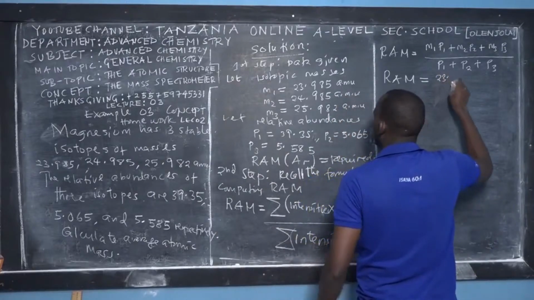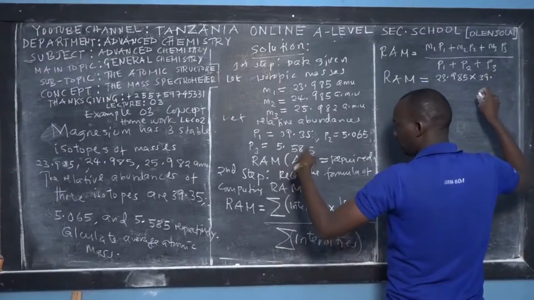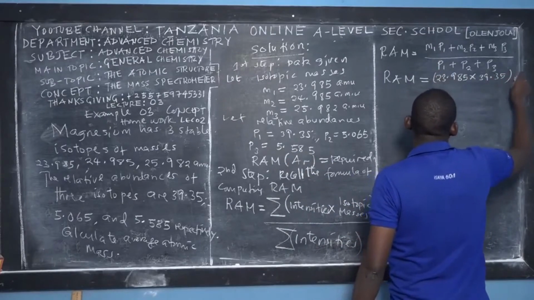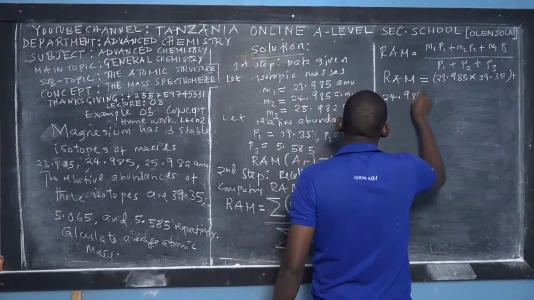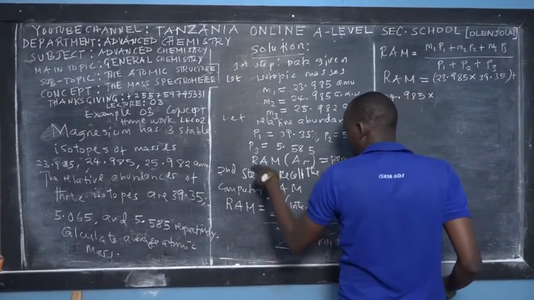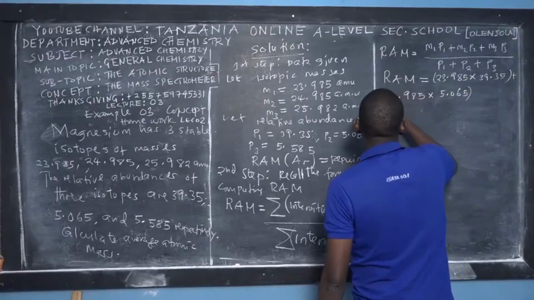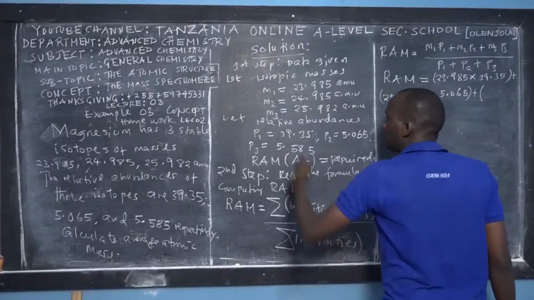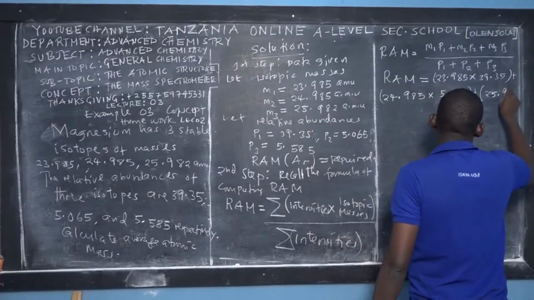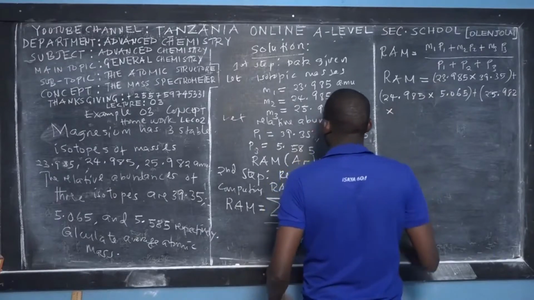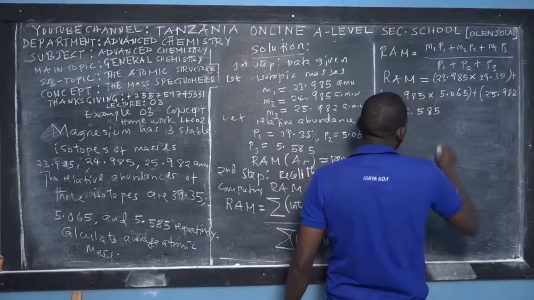So in this case we take mass 1 times relative abundance 1, which is 23.985 multiplied by 39.35. Then we add 24.985 times 5.065, and then plus 25.982 multiplied by 5.585.